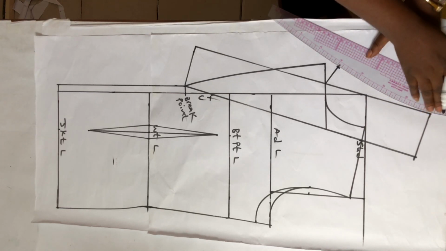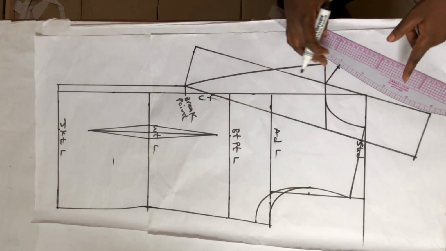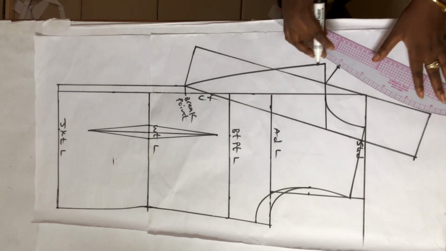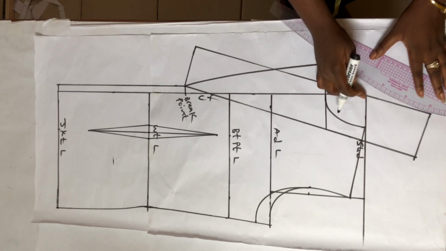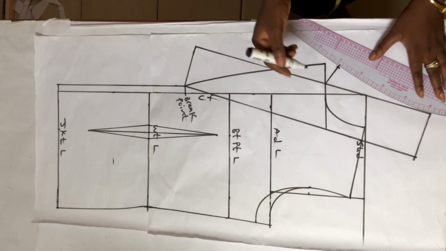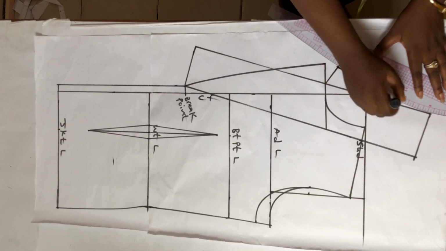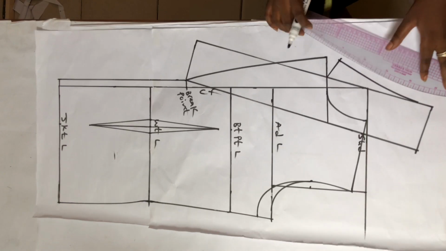I will extend my curve towards the edge of the line, because at the end of the day it's not going to show that it's a curve. So I won't draw a short curve. I will extend my curve well.